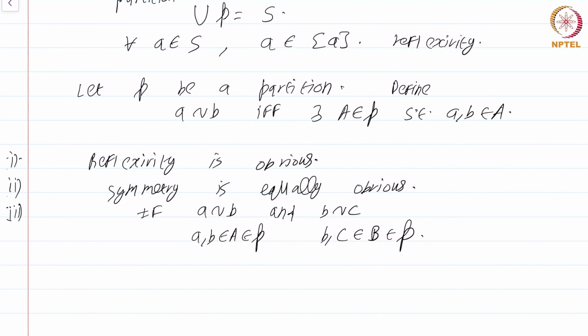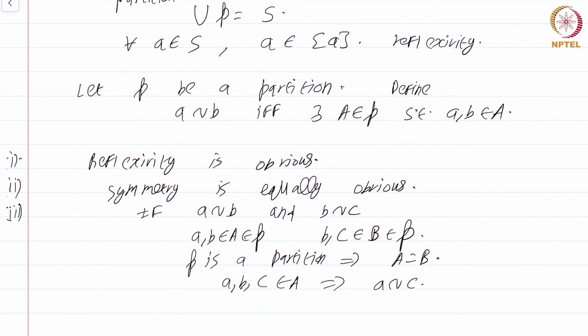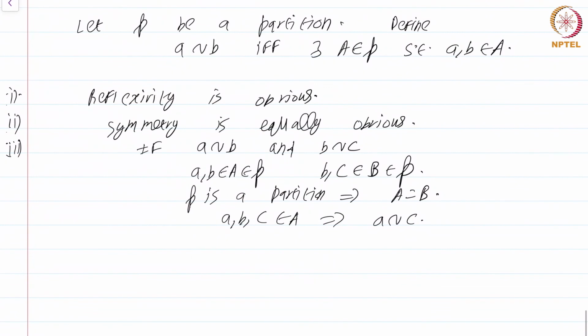So because P is a partition, the set A is equal to the set B. That means A comma B comma C belong to A, which means that A is related to C. Okay. So the equivalence relation that you get from the partition is straightforward.